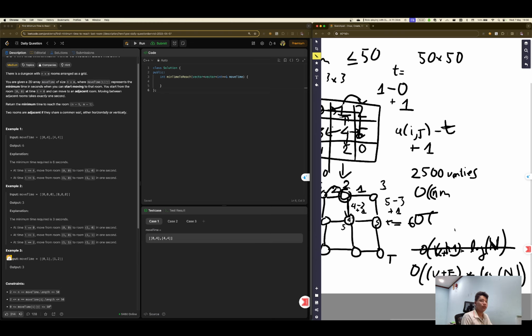If you use another solution like Bellman-Ford, it's V multiplied by E, which is okay in this case, with the number of edges about 4 times V.